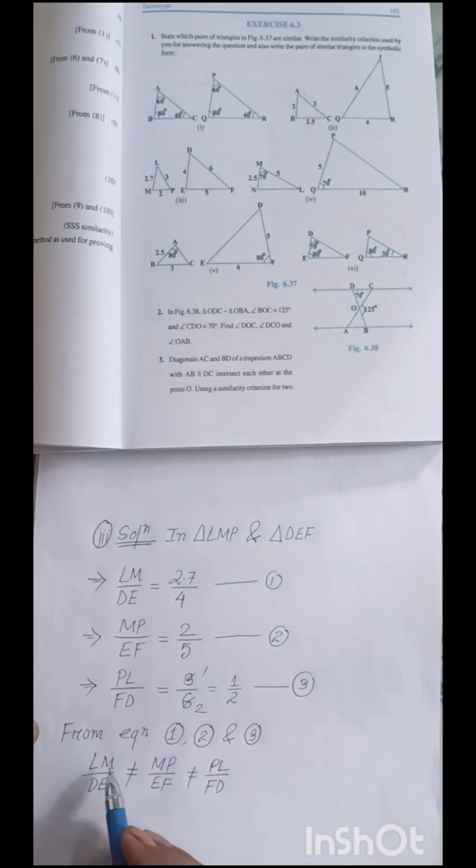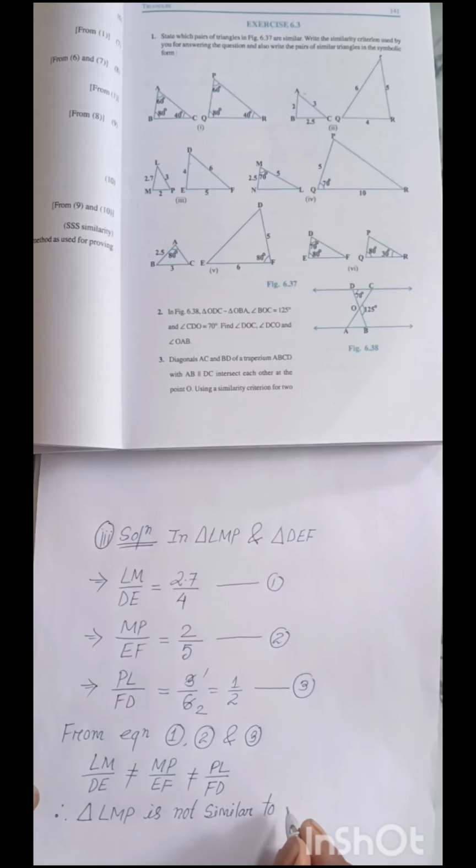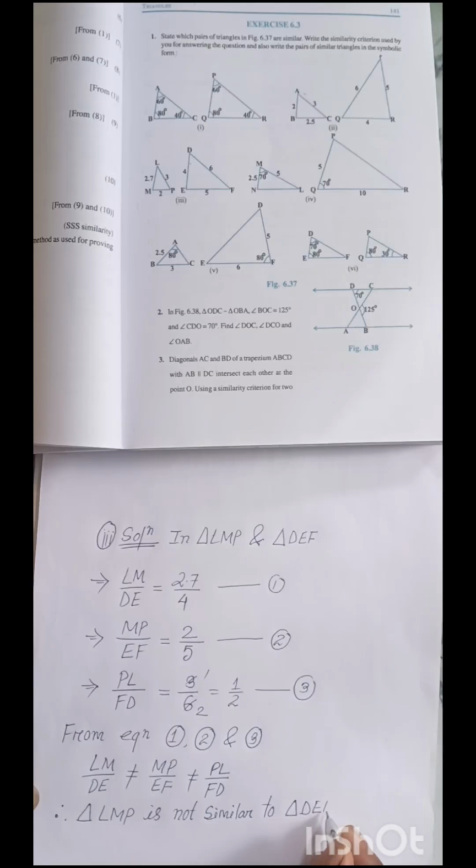So I can write LM by DE not equal to MP by EF not equal to PL by FD. Therefore, triangle LMP is not similar to triangle DEF.